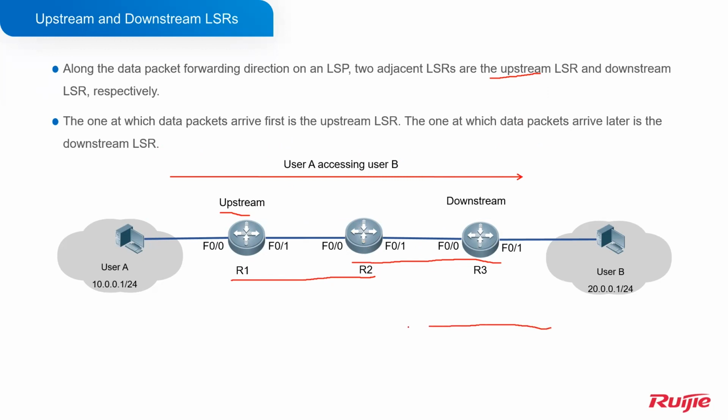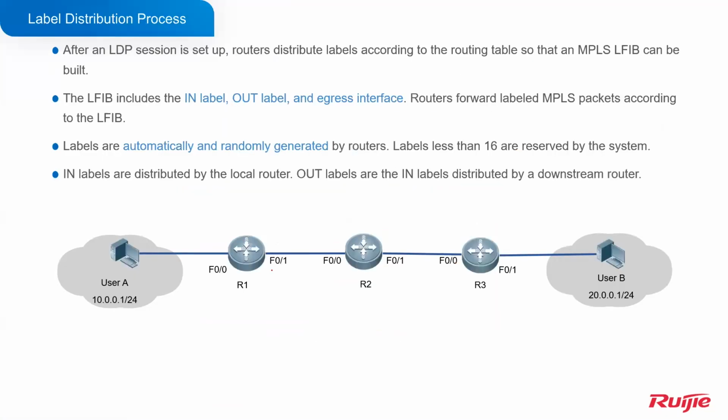But if the traffic comes back from B to A, route 3 is upstream, and route 1 is the most downstream router. And why do we need to know upstream and downstream? That's because different routers will assign different labels.